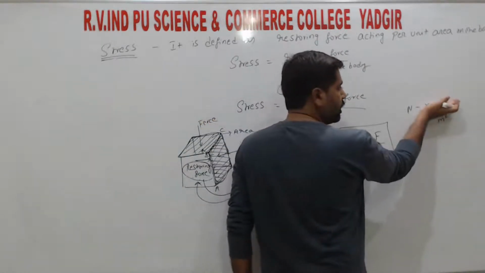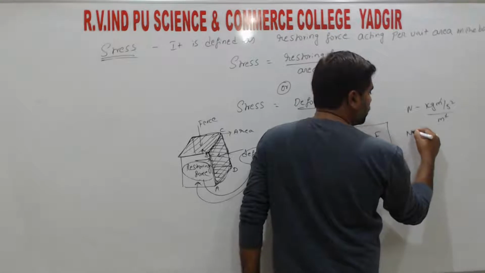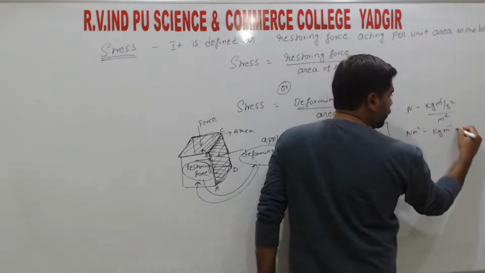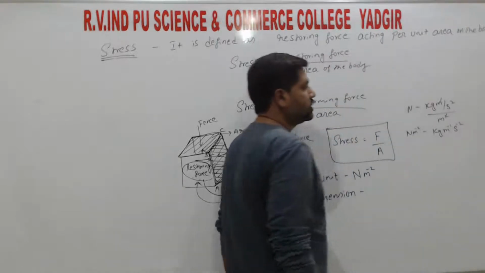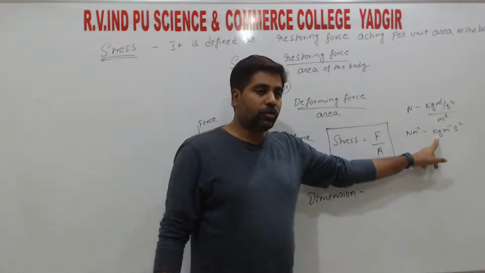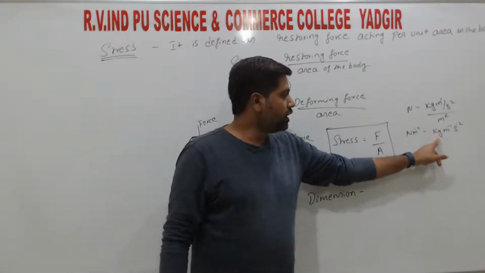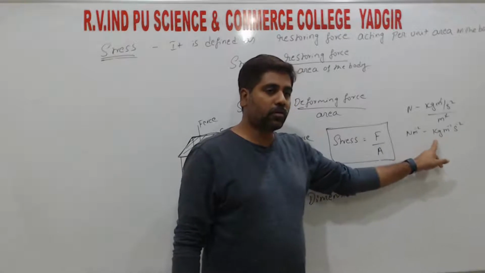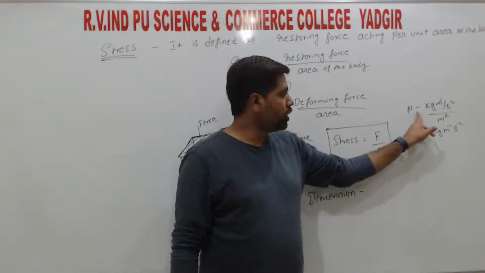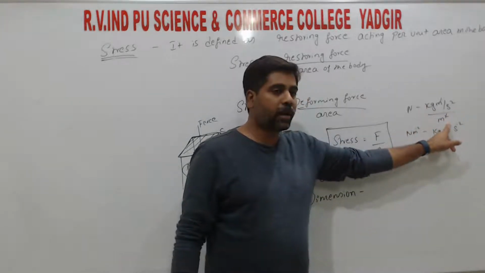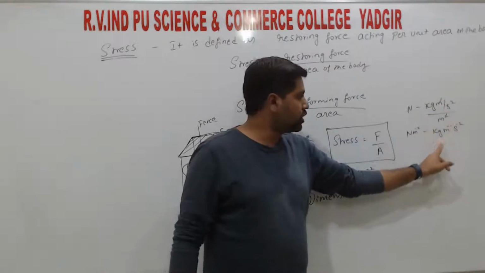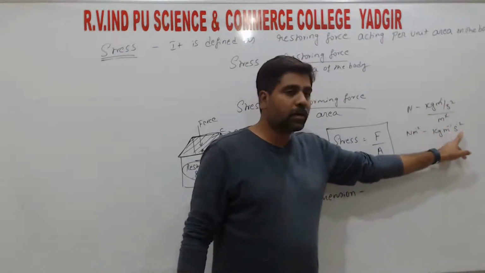So this meter, if it goes to the numerator, Newton per meter square becomes kg per meter per second square, right? So in this way also we can write the SI unit. This is a little complicated and difficult to remember, so the better way is Newton per meter square. For Newton, kg meter per second square divided by meter square. The meter in the numerator and the meter in the denominator get cancelled. So the remaining is kg per meter per second square.